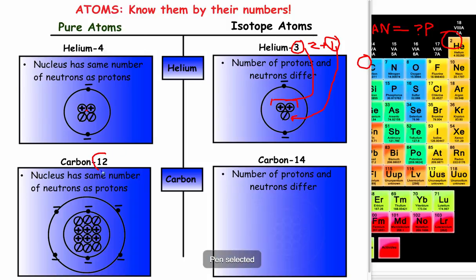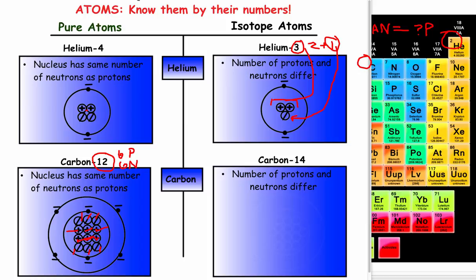So 6 of these are going to be protons, and the other 6 are going to be what? Neutrons. Count them. 1, 2, 3, 4, 5, 6. Total particle count, 7, 8, 9, 10, 11, and 12.